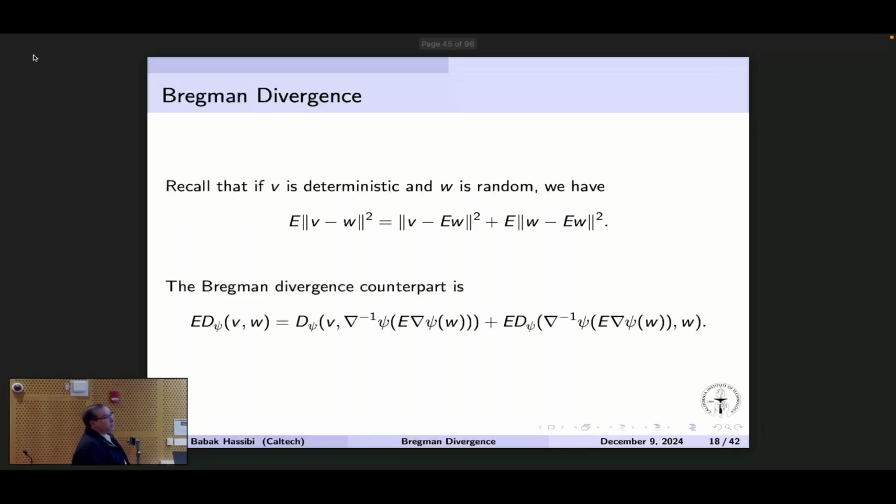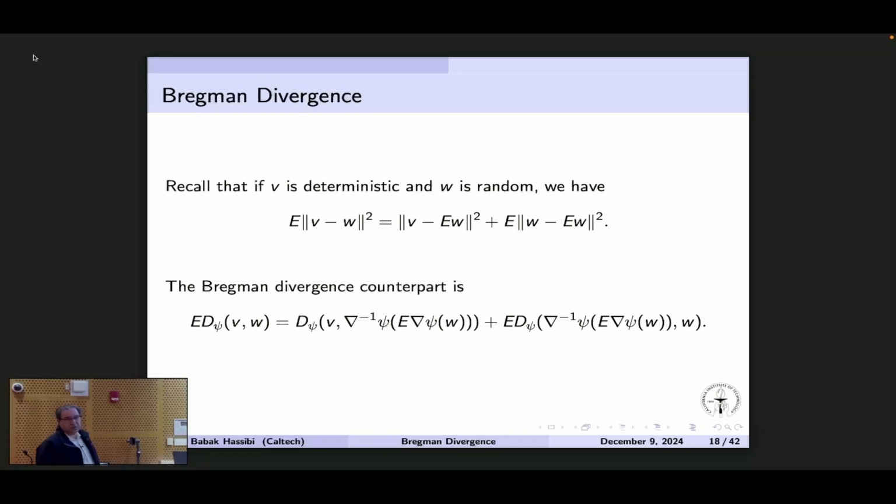There is a Bregman divergence counterpart. If I'm looking at the expected value of the Bregman divergence between something deterministic and something random, the first term has no expectation in it. It's just the Bregman divergence between the deterministic term and, instead of the expected value of W, the expected value of the gradient of the potential evaluated at your random W. This becomes deterministic after you take the expected value.